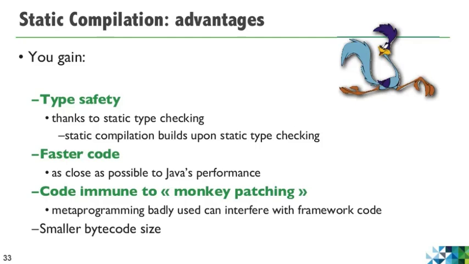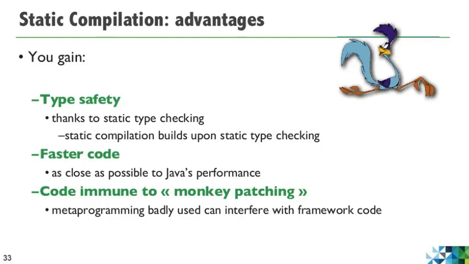Monkey patching happens when you use runtime metaprogramming techniques and change the behavior of some existing methods, or new classes, or third-party classes, etc. So this is also a way of making your code more secure if there are parts of your library, your business rules, etc., which need to be immune to any metaprogramming modification. And also, in some circumstances, you can get smaller bytecode. So if you care about the size of your classes and jars, this is also a benefit.